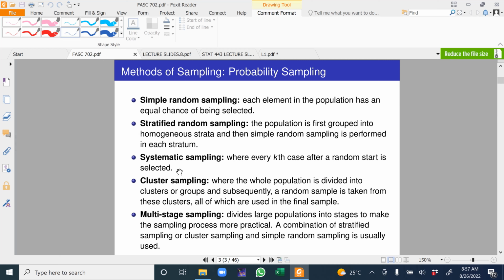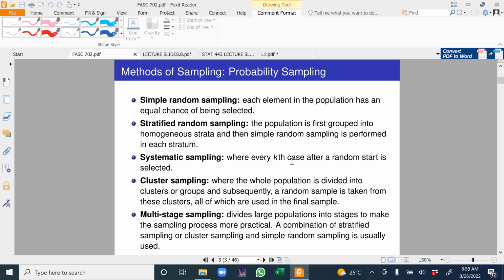The other method of sampling is systematic sampling. In systematic sampling, first of all, you have to arrange data in some chronological order. For systematic sampling, you have to arrange your population in some chronological order.